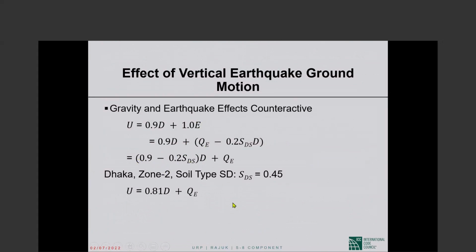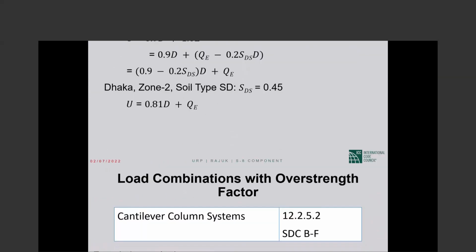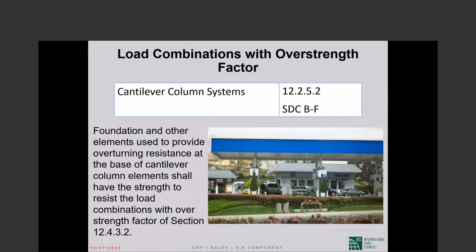So for Dhaka, where S sub ds is 0.45, 0.2 times that is 0.09, and the dead load factor is 0.9 minus 0.09, which is 0.81. So that is the counteractive seismic load combination for Dhaka on soil type SD.